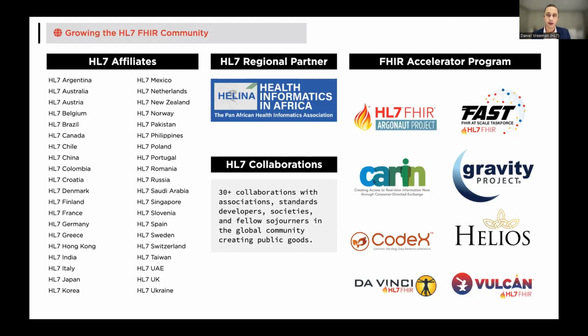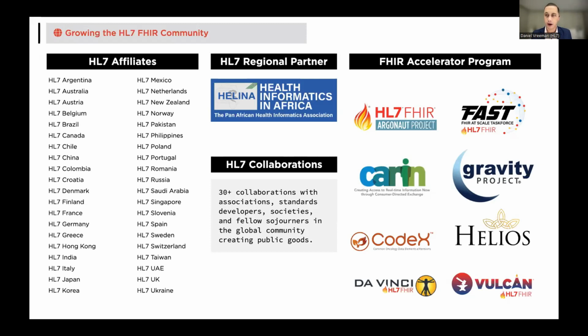HL7 also convenes the FHIR Accelerator Program. Each accelerator is a collection of stakeholders who have agreed to get together and solve particular interoperability problems using FHIR. These different accelerators have different focus areas. For example, the Argonaut project has focused on some core FHIR-related technologies such as Bulk FHIR and SMART on FHIR.